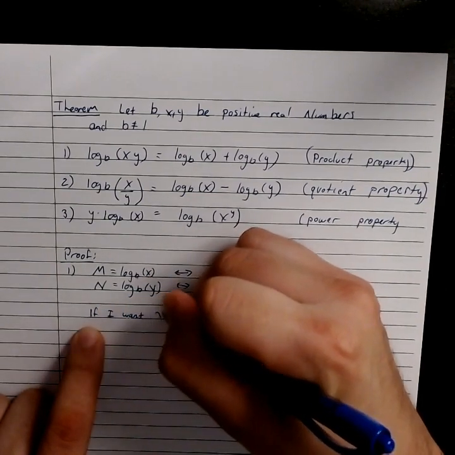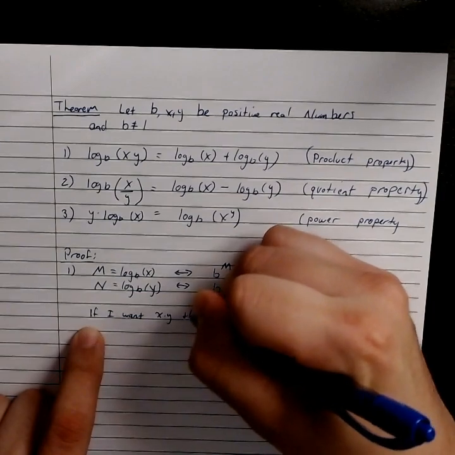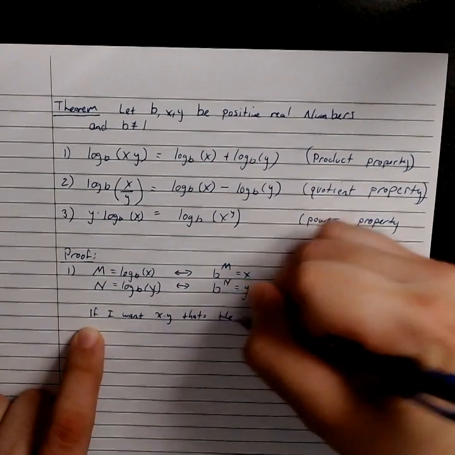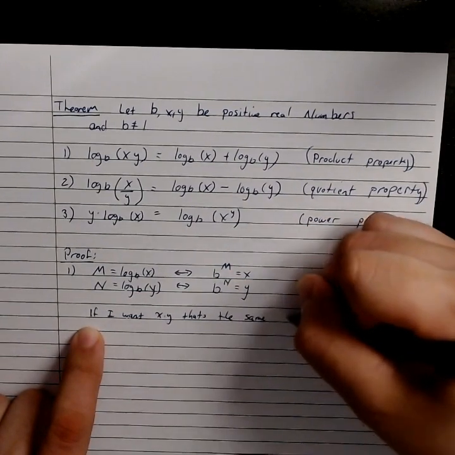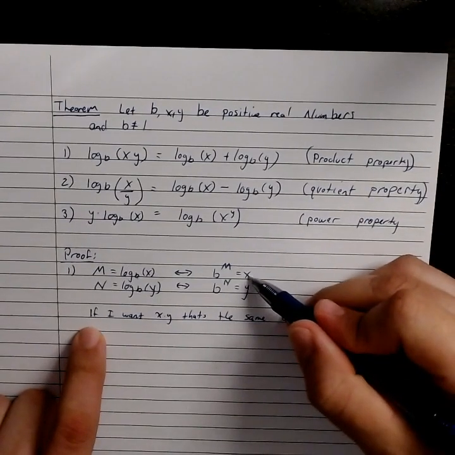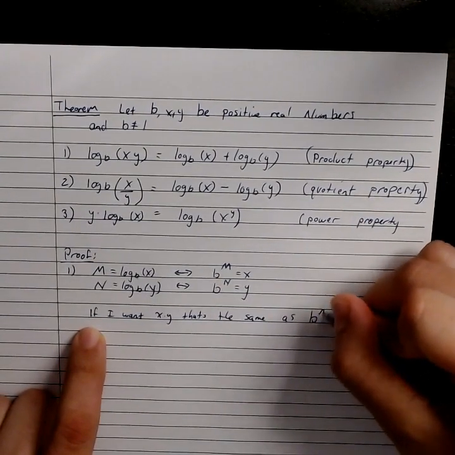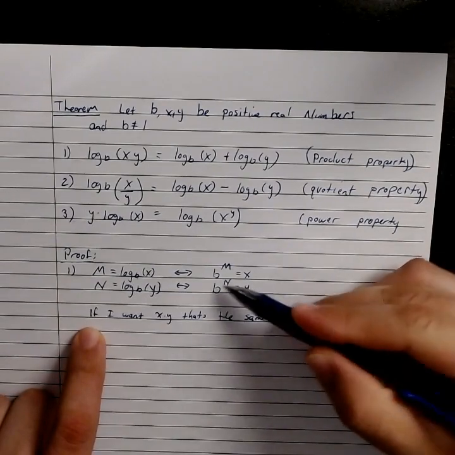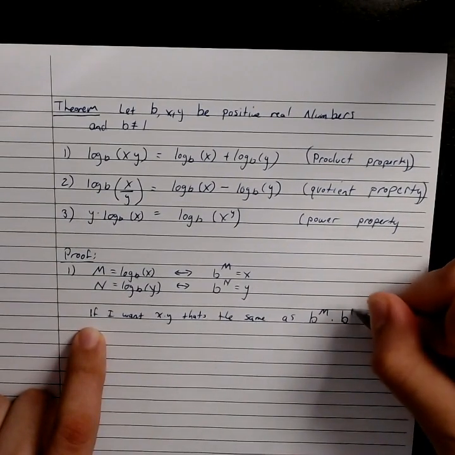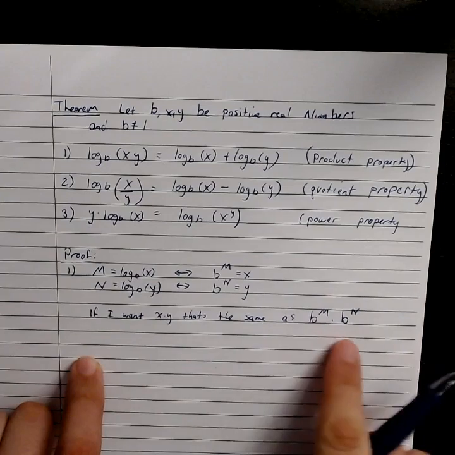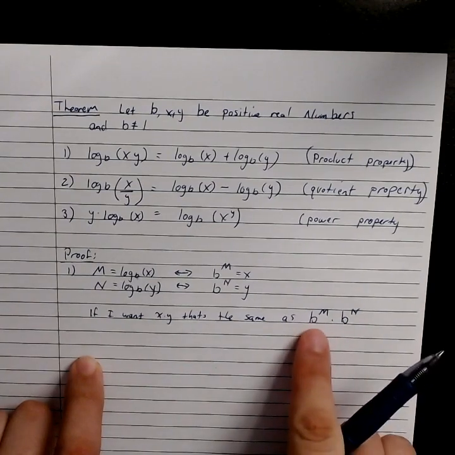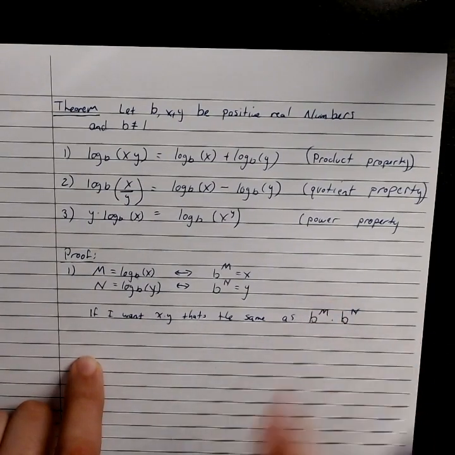If I want x times y, that's x times y, just like that. But now these are just bases with a power.